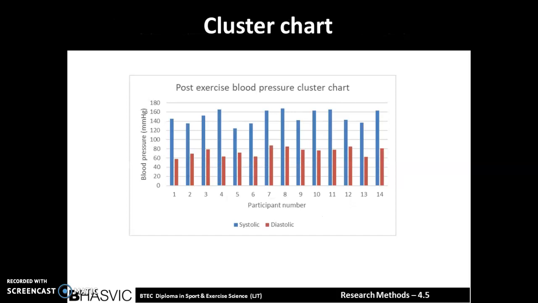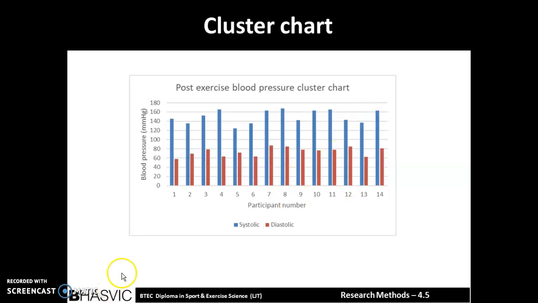So this is a cluster chart, and it shows the same participants' results in two different tests. So in this one, it shows the systolic and diastolic blood pressure of participants. This would make it easier for the researcher to be able to see who achieved the highest and the lowest in both tests, and whether the scores fluctuated or were consistent.